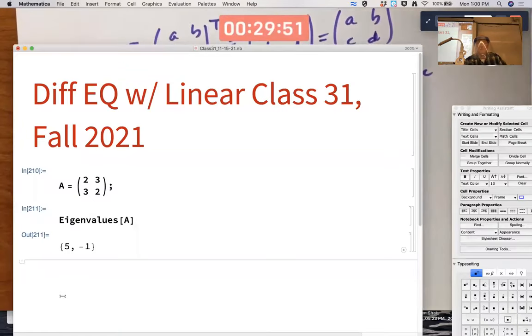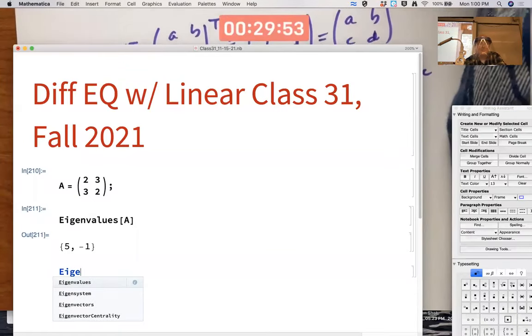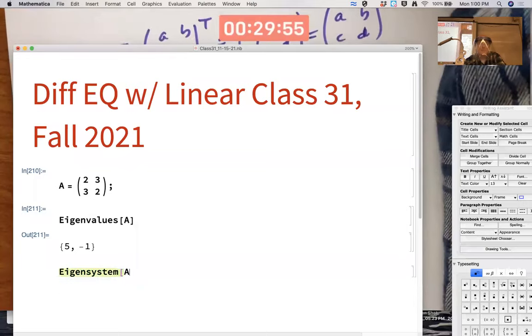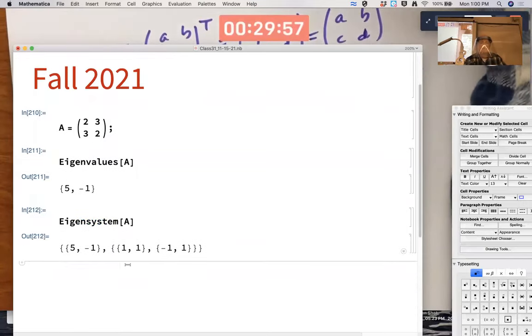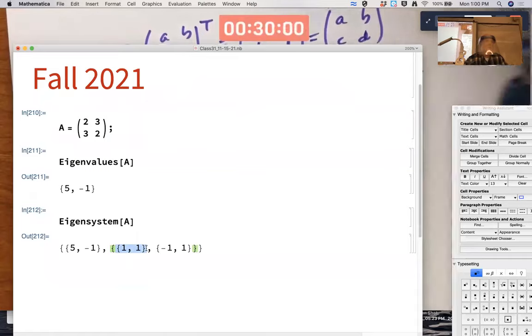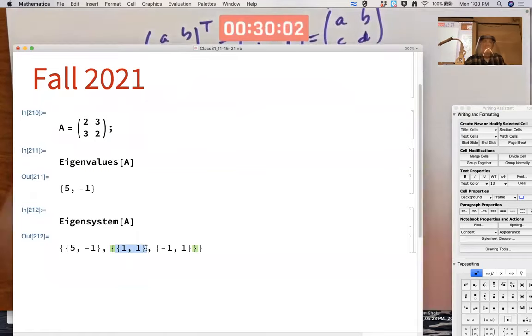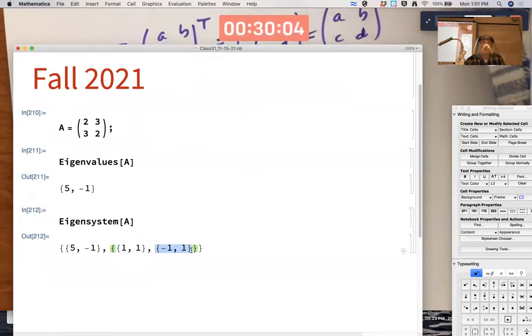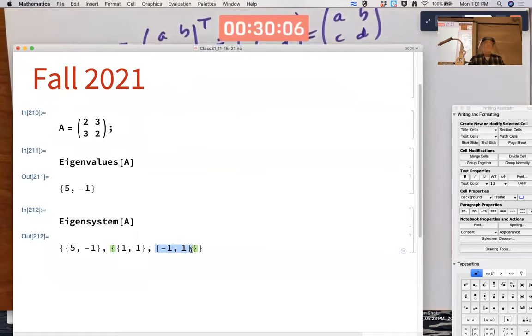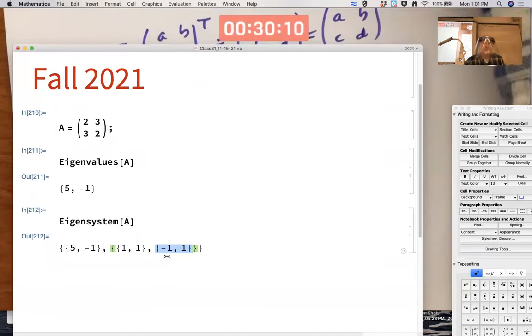What about the eigenvectors? In this case, they're 1, 1, or any non-zero multiple of that, and -1, 1, or any non-zero multiple of that. And notice there's a special relationship between these two vectors, 1, 1 and -1, 1.